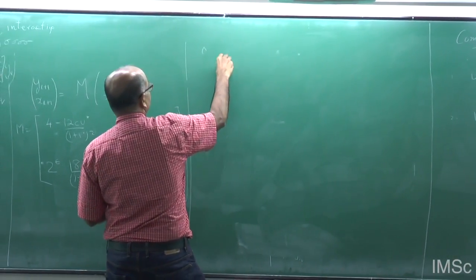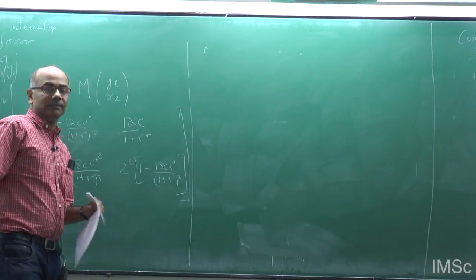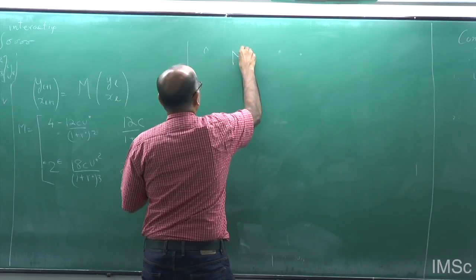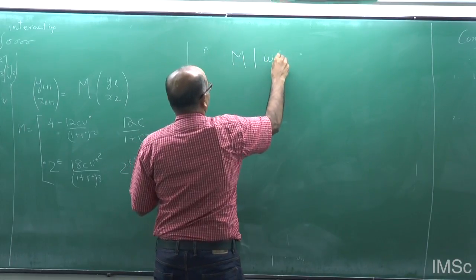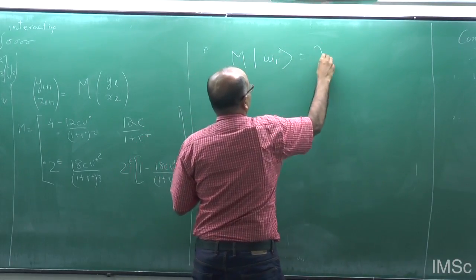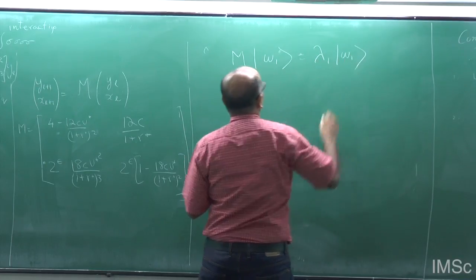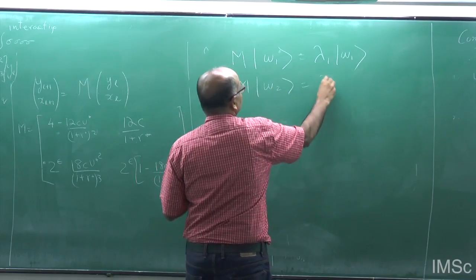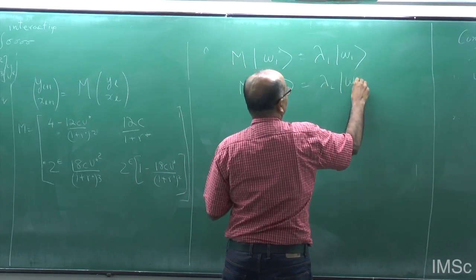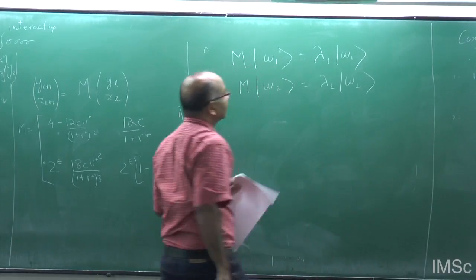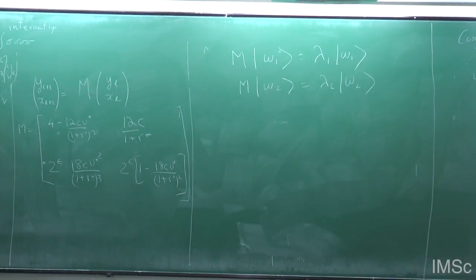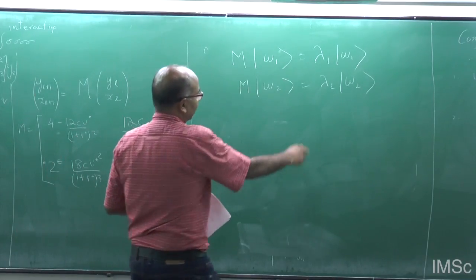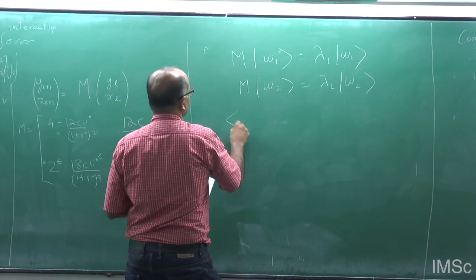I'll use this bracket notation to define them. So these are the two eigenvectors for the matrix. The eigenvalues are the same, and the following is also true.